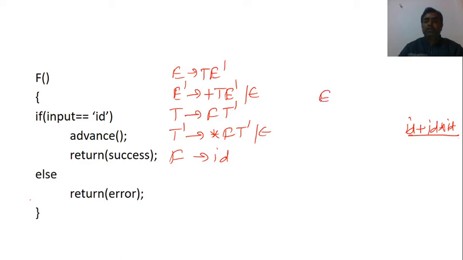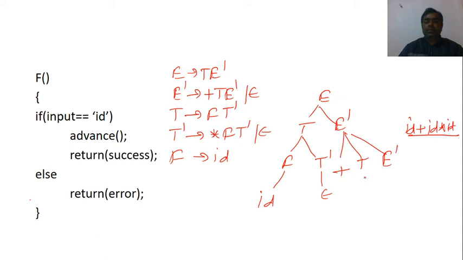The parse tree corresponding to this string is E goes to T E prime, then T goes to F T prime, F goes to ID, and then this T prime goes to empty, and then this E prime goes to plus T E prime, and then this T goes to F T prime, F goes to ID.